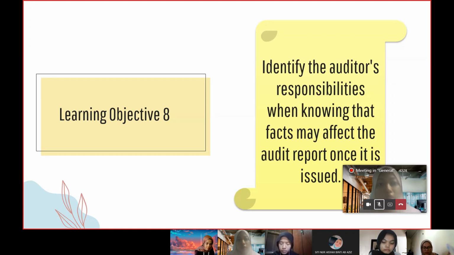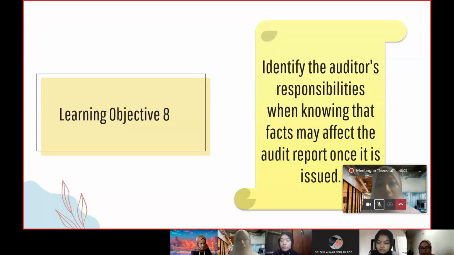When the subsequent discovery of facts occurs, the auditor has the responsibility to make sure that the users that rely on the financial statements are informed about the misstatement. If the auditor discovers the misleading statement after being issued, as auditor, you must require the client to issue the revision of financial statements immediately.